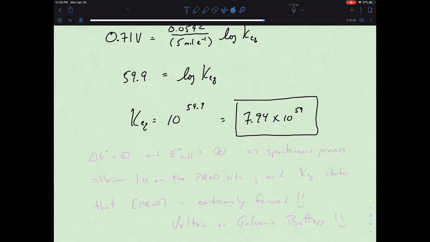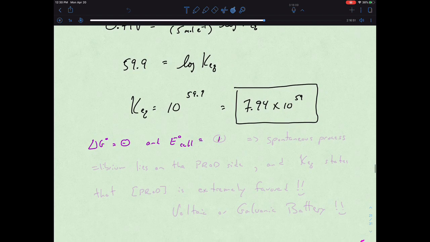And so that's giving rise to this notion of, again, a voltaic or galvanic battery, right? As soon as you plug it in, you have electrons being transferred. So the idea that our delta G is negative and our cell potential being positive both give us this notion of a spontaneous process, meaning that the equilibrium lies on the product side.